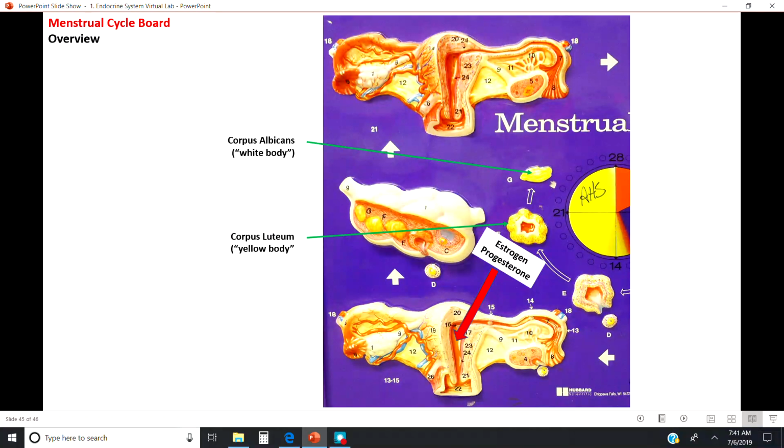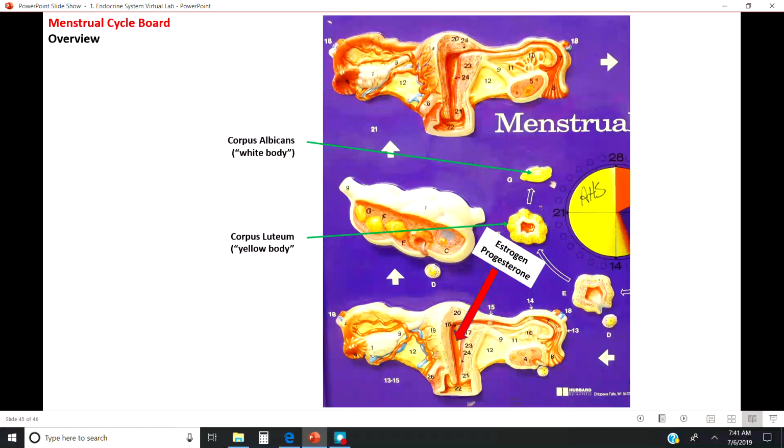The glands are going to become much thicker, the tissue is going to become thicker, and we want that in case there is pregnancy, right? Again, we need to have a nice thick endometrial lining for the zygote to implant, right? Implantation takes about a week after ovulation. So this corpus luteum is producing massive amounts of estrogen and progesterone, which is causing the lining of the uterus to thicken.